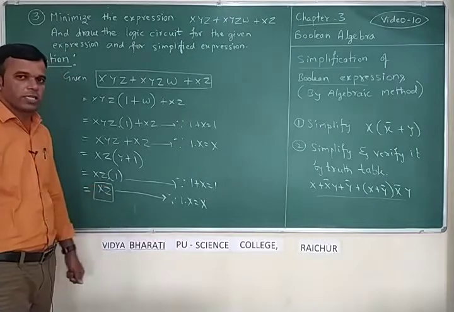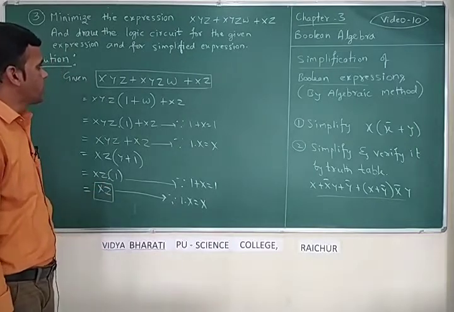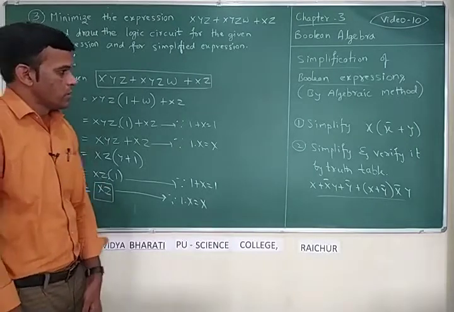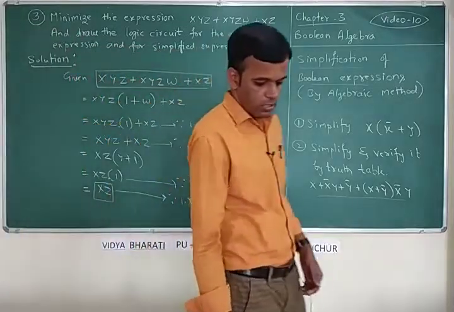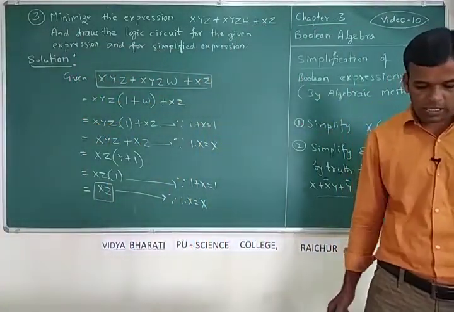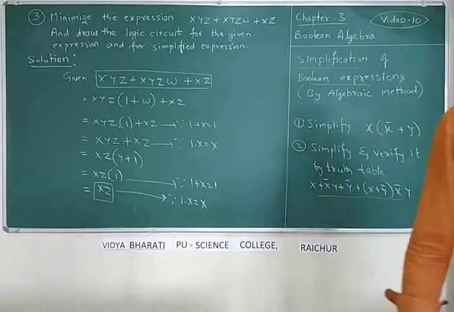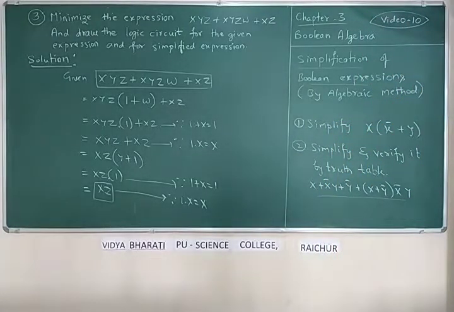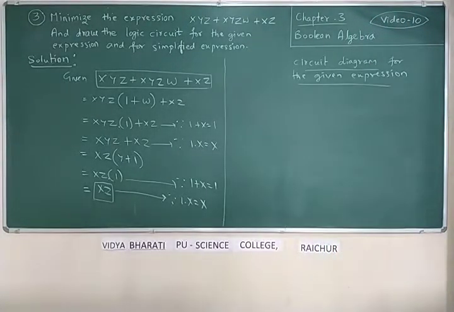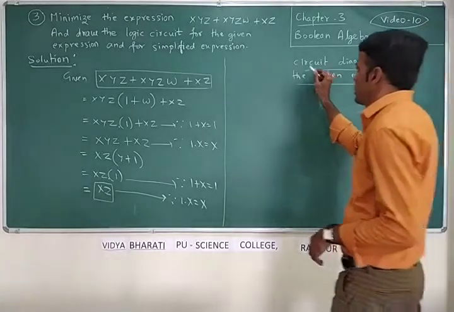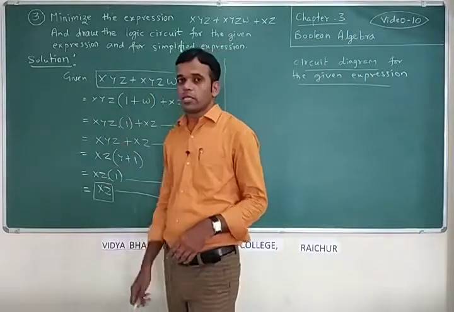X AND Z means it's going to be an AND gate. So we'll draw the logic circuits for the given as well as for the simplified expression. First, we'll draw the logic diagram for the given expression.